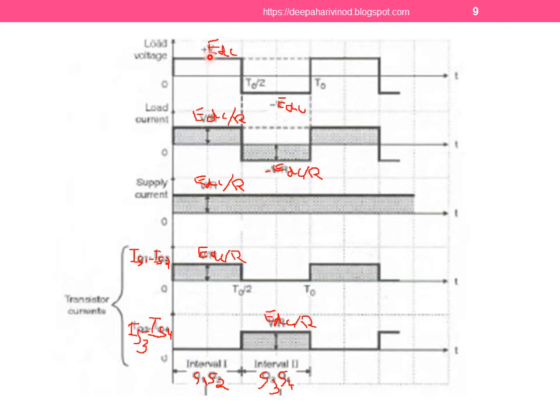The current flows from point A to B, as we saw in the previous slide.